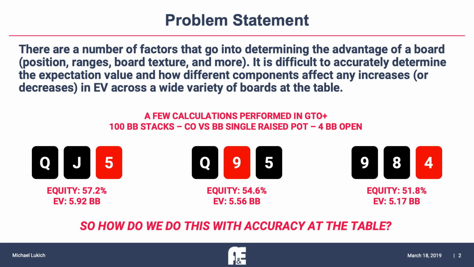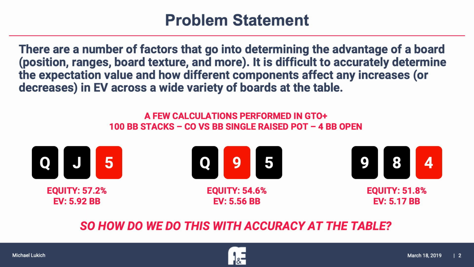That's really hard to accurately determine, what the expectation value is, unless you've spent the time digging through each of those individual formations, each of those individual boards and textures, and it's just hard to realize and understand how different components will affect increases or decreases in EV across the wide variety of boards that we have at the table.